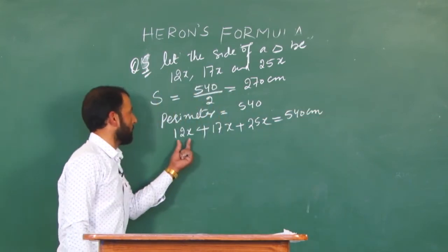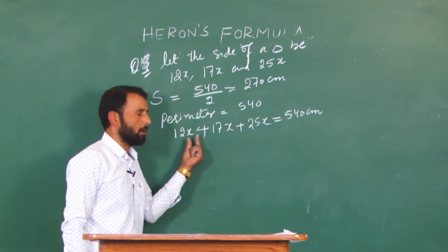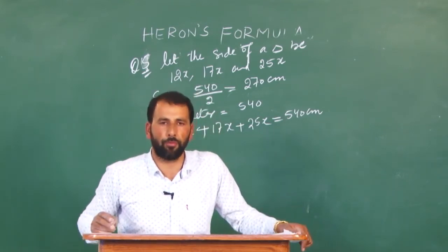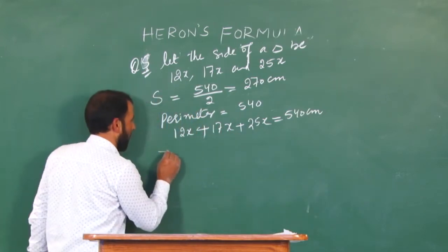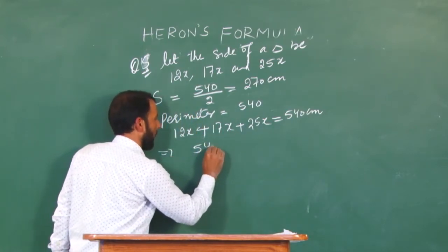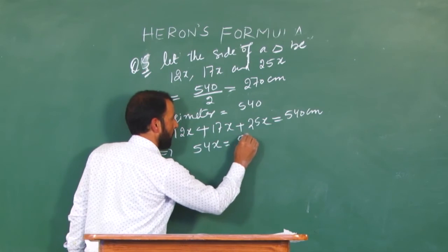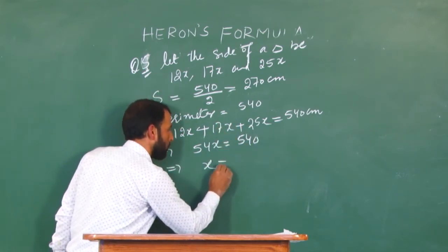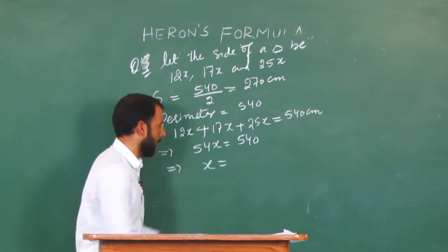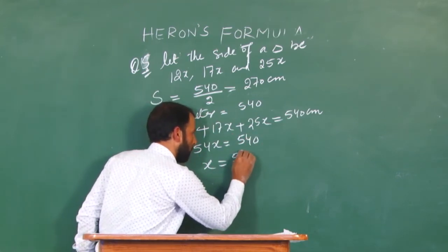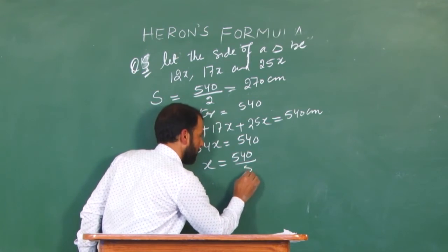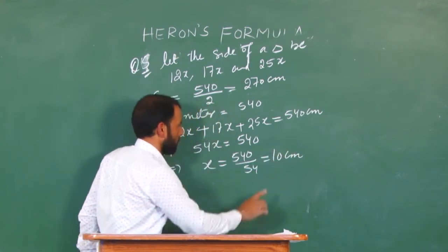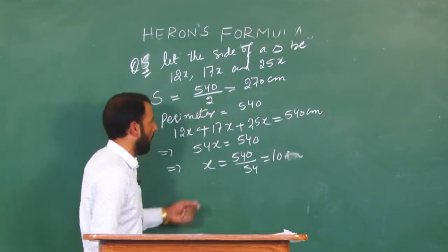When we add them, we get 54x equal to 540. For finding the value of x, we transpose 54 to the right hand side. We get 540 divided by 54, which equals 10. So 10 is the value of x.